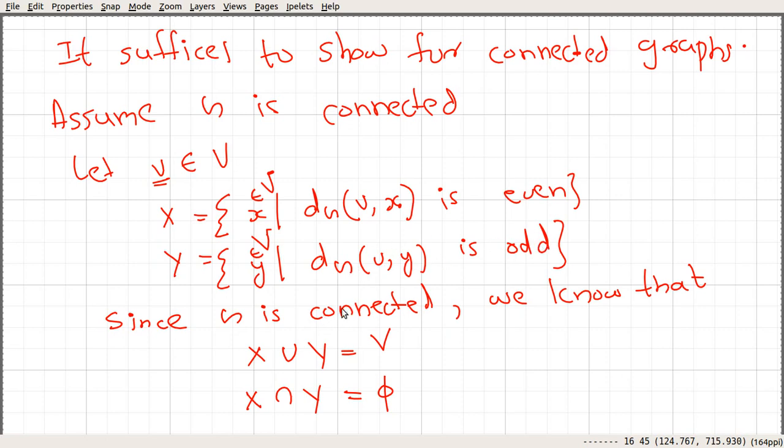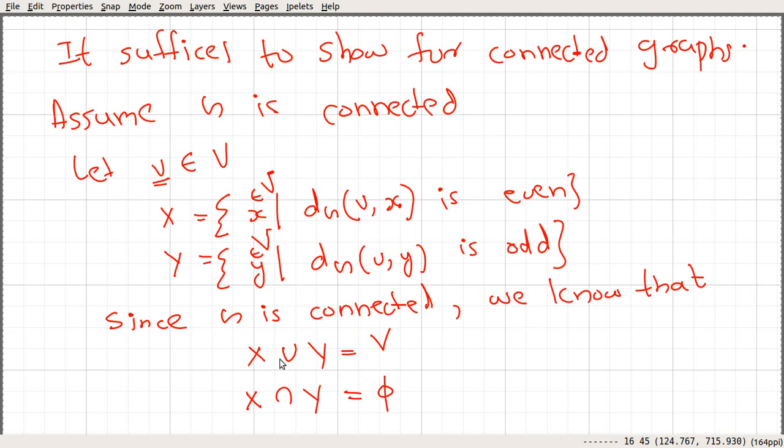Since G is connected, we can very easily see that X union Y is equal to V, and X intersect Y must be the empty set. A particular vertex doesn't have both even and odd distance from v; the distance will be either even or odd.